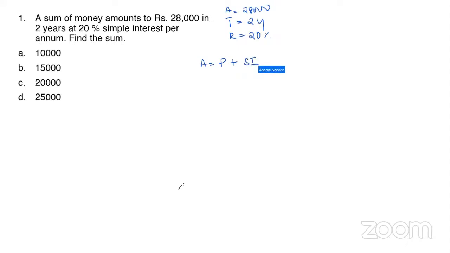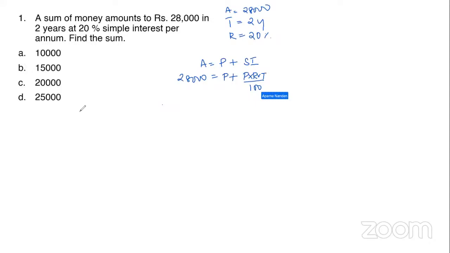The amount here is 28,000. So that is equal to P plus simple interest, which is P into R into T by 100.